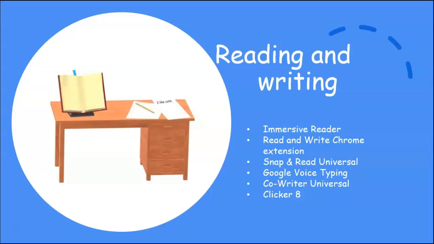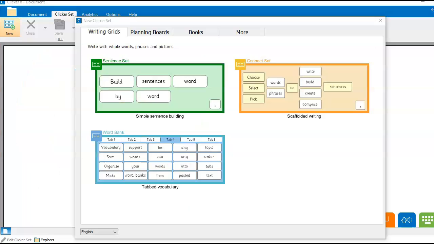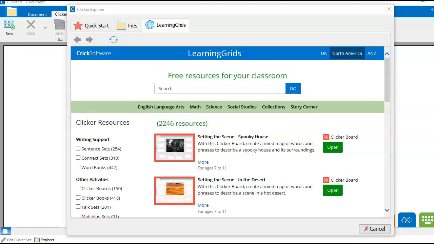CoWriter is a word prediction Chrome extension. Students begin typing a word, are given possible words, and then click to listen before choosing the word they want to use to finish the sentence. Clicker 8 is software in which a student can write sentences and organize thoughts from teacher-made or pre-made sets.